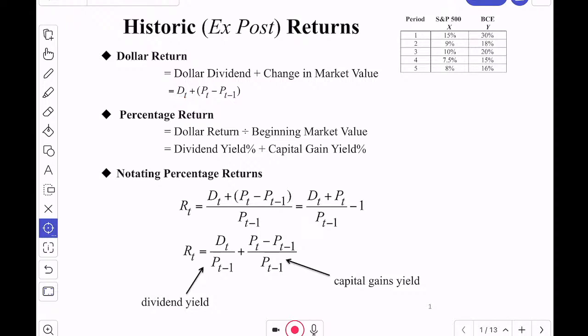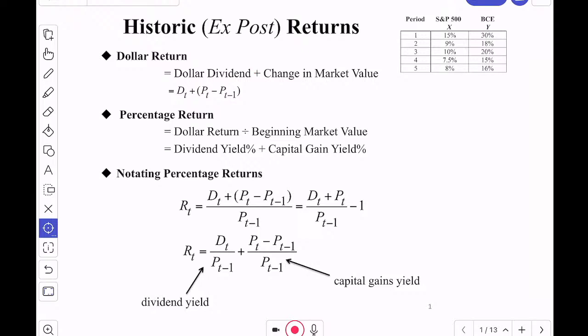Some profits go to bondholders first, right? If people have loaned money to a firm and there's a commitment for the firm to pay them coupon payments or interest payments, then if there's still something left, the firm executives will consider issuing a dividend. So the dollar dividend is something you can receive, but as a shareholder you also experience an increase in value if the stock price goes up.